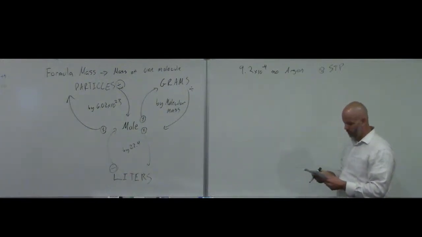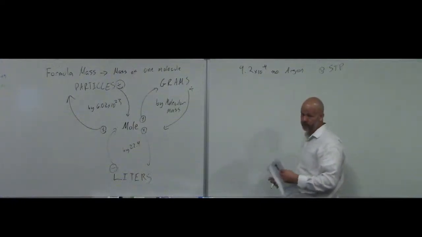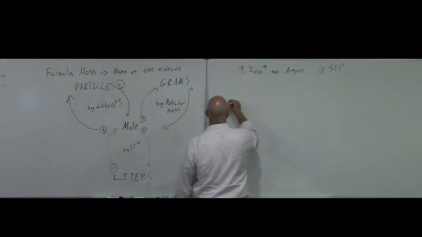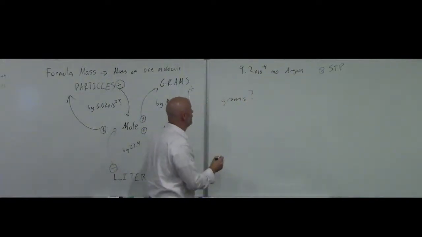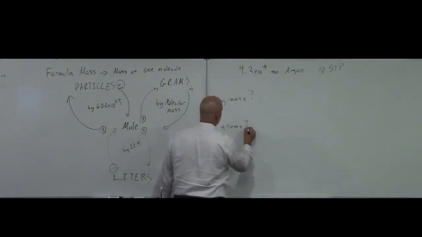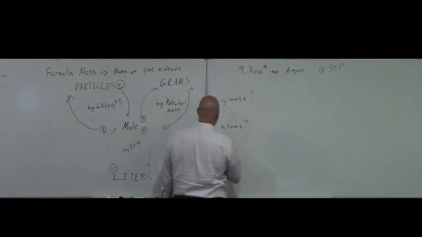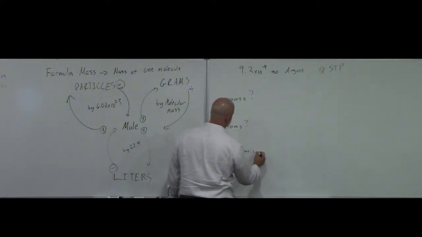The first thing I want to know is how many grams of argon this will be. I'd also love to know how many atoms. And then finally, I'd like to know what percentage of the gas is argon.